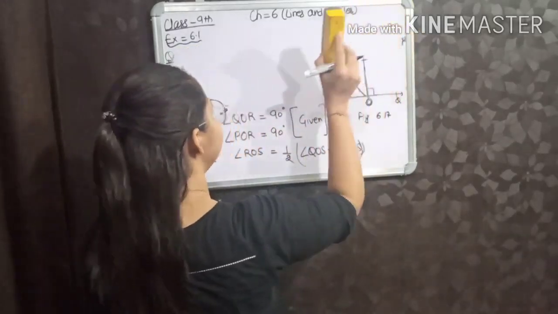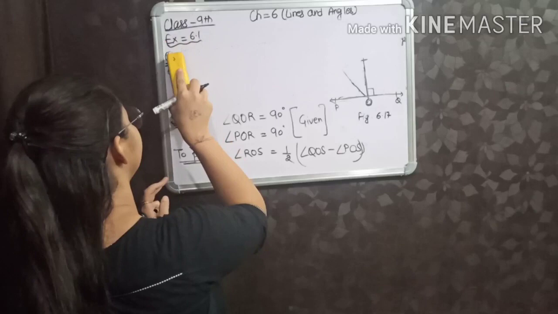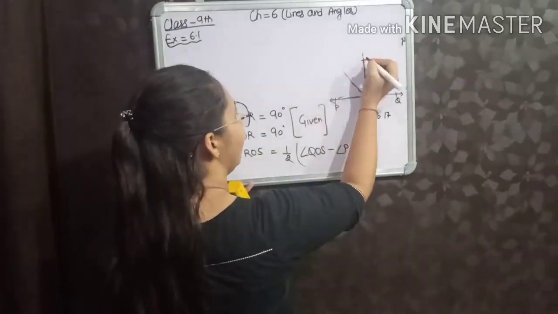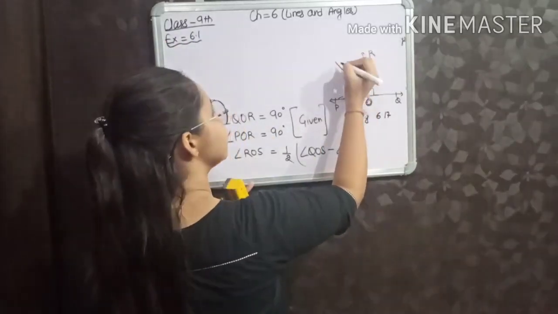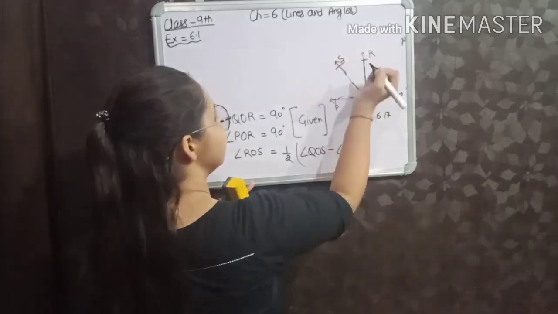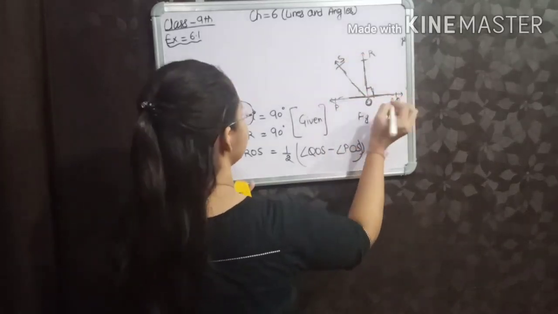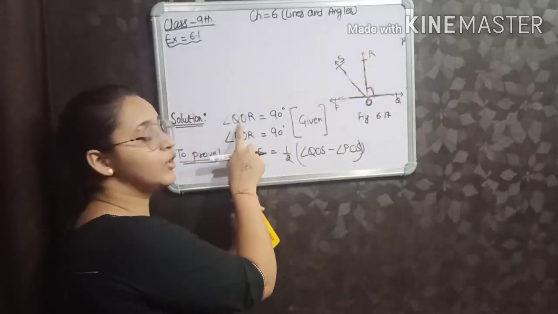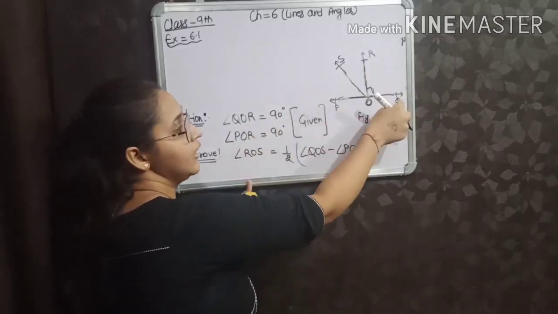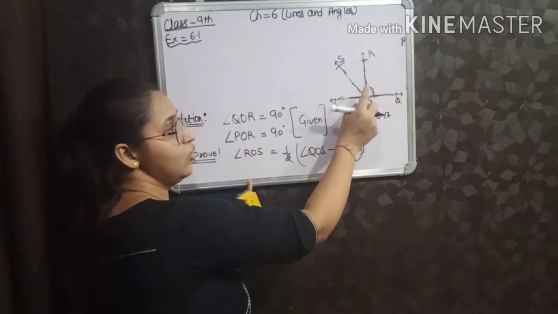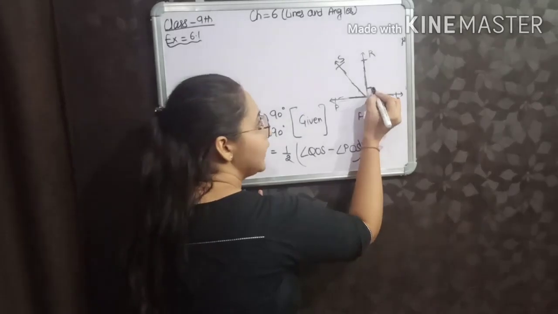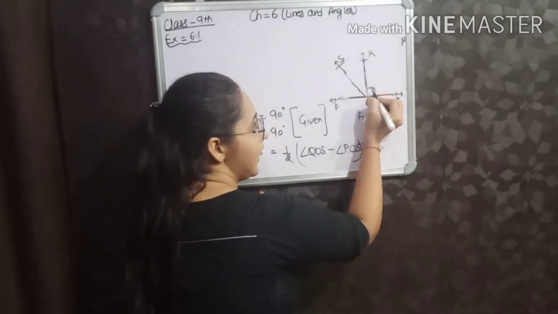First of all, see, this is OR and this is S. Now see, I am taking angle QOR. Angle QOR is equal to 90 degrees.